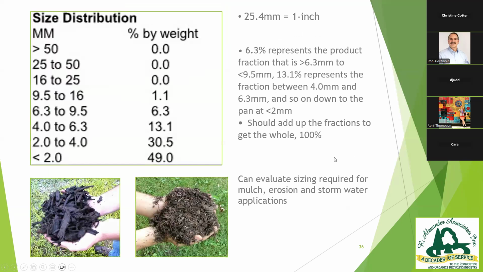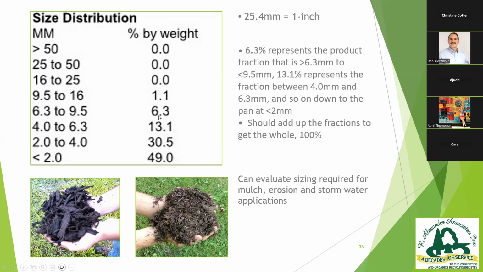And then the other thing you'll see on the test data sheet is a particle distribution analysis. This information is only really relevant when you start specifying compost for use in erosion control and specific stormwater applications where particle sizes matter, or even mulch. They even make composted mulches where having a coarse fraction is important, but these are the screens that we use in the testing package.